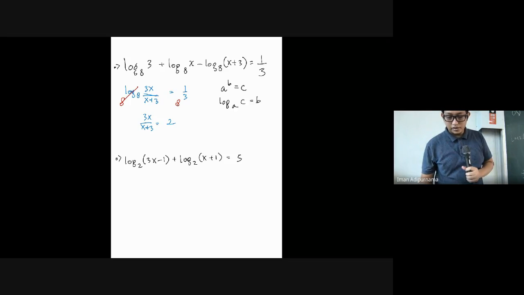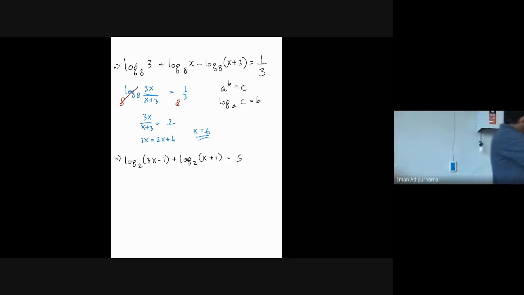And then solve this: 3x equals 2x plus 6, so x is 6. I think some of you already solved number 2. But have you solved number 2? Oh, number 1 still didn't finish.